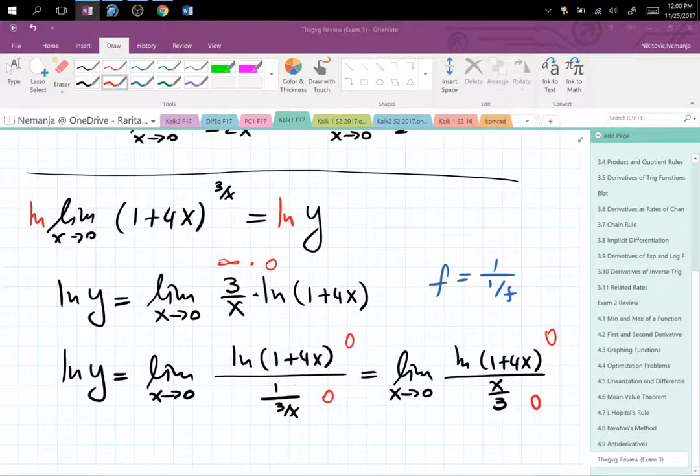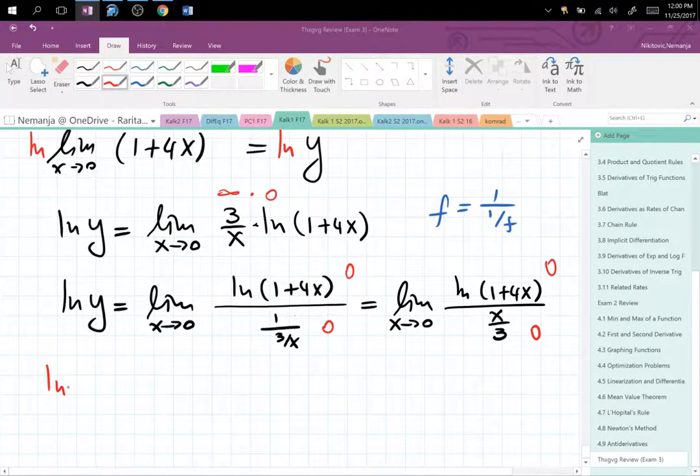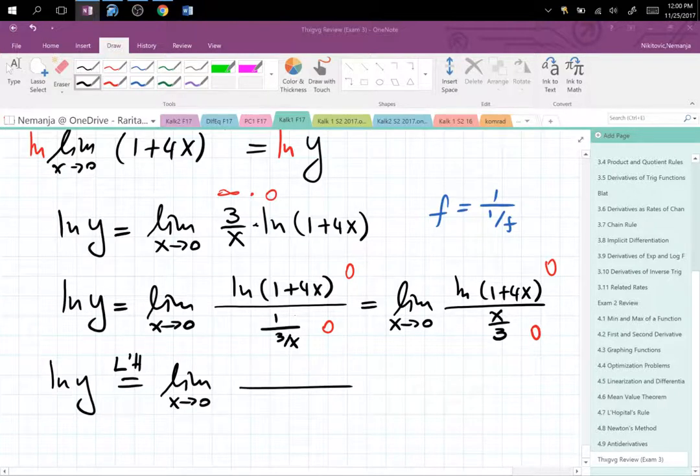Now we use L'Hopital. The derivative on top is we copy 1 plus 4x as is and put its derivative on top, which is just a 4.